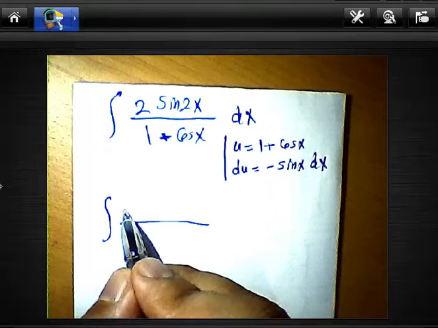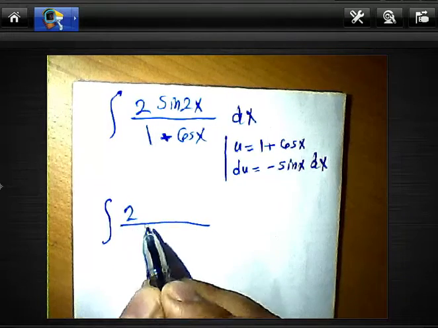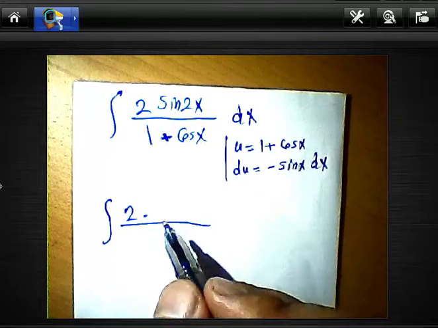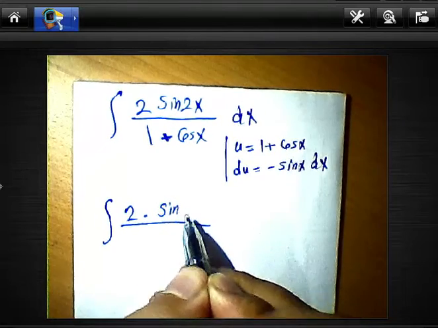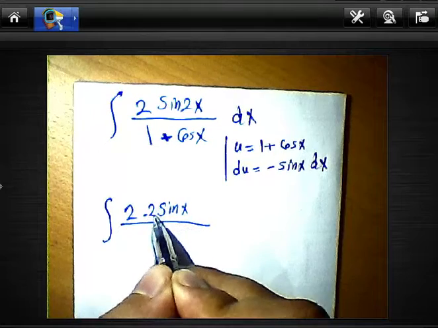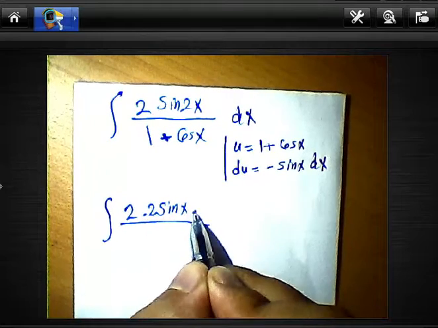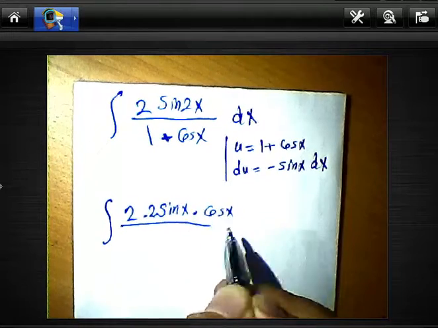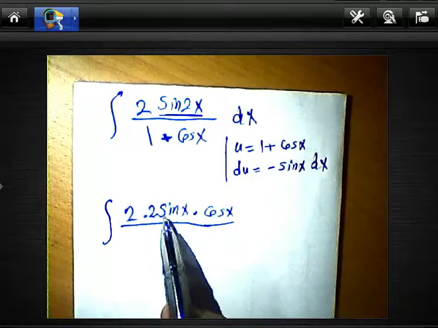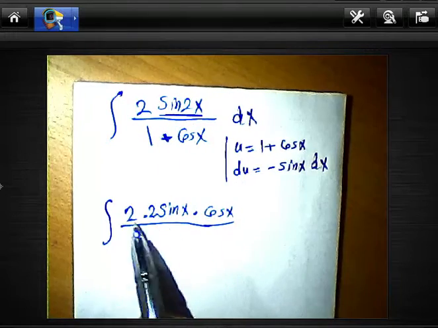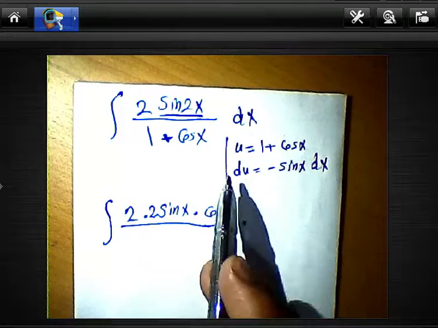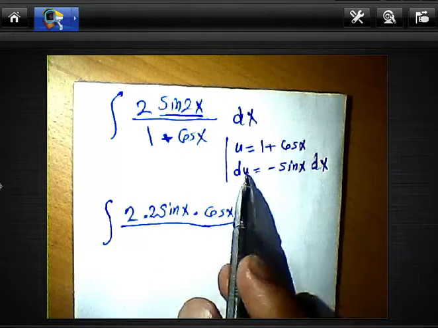First we can write 2 here dot sine 2x equal 2 sine x cosine x. 2 multiplied by 2 equal 4, dot dx.